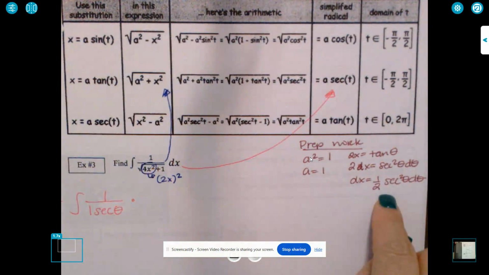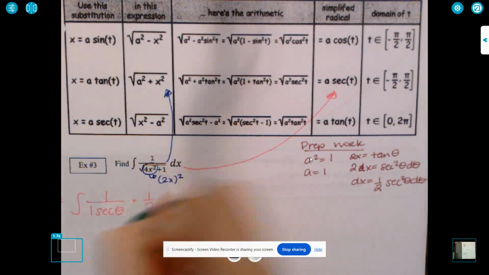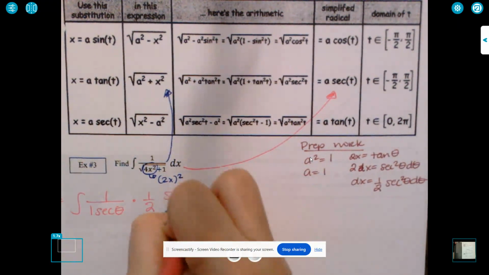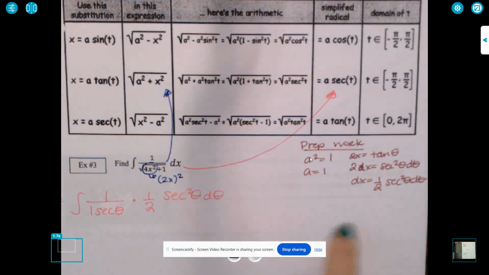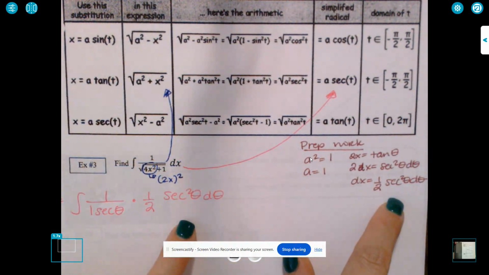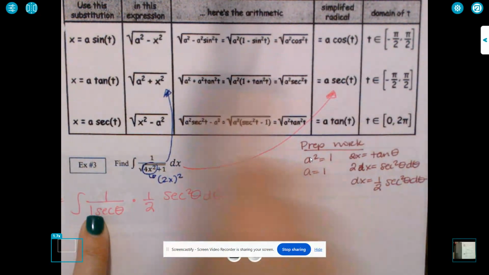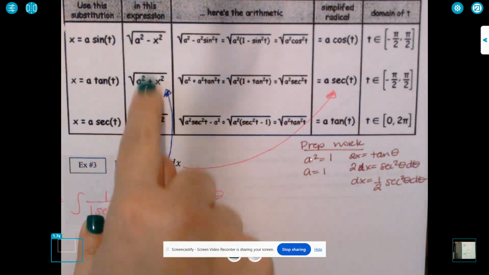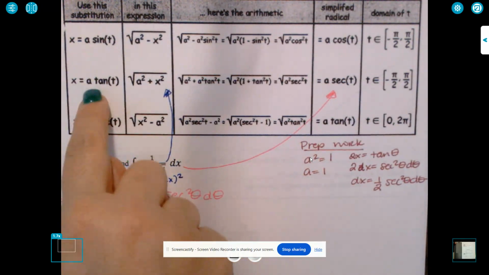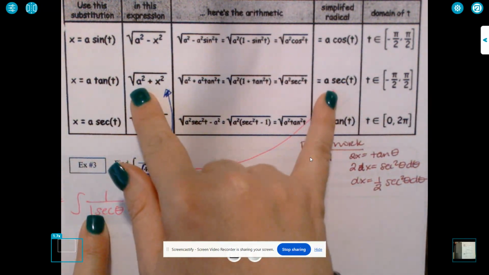And then our dx is 1/2 secant squared theta d theta. So now we've done our substitution. We know what dx is. Went in for dx. We know using our flip chart or this line right here that if we had this function here, we're using the substitution that x equals a tan theta becomes a secant theta.